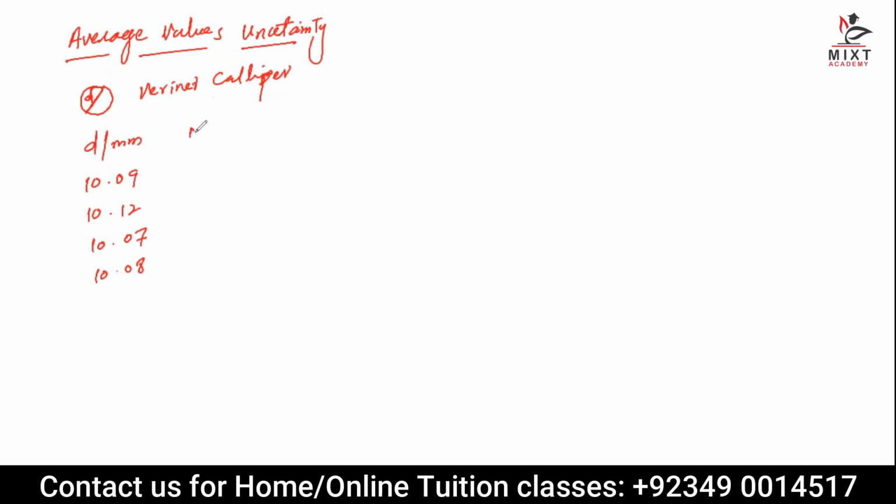Now I take the mean value of these values. For example, consider my mean value is 10.09 millimeter. Now, what is the highest value in my diameter? That is 10.12.